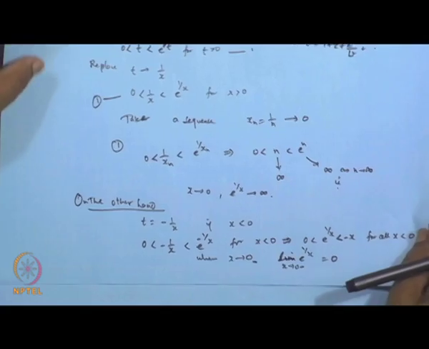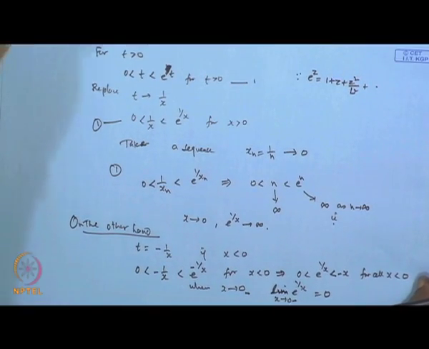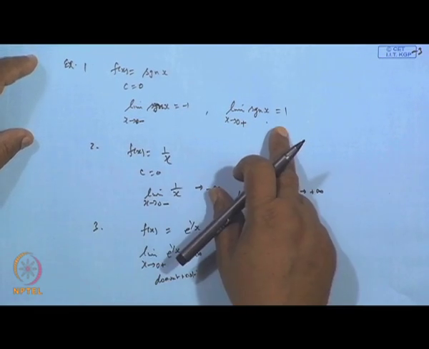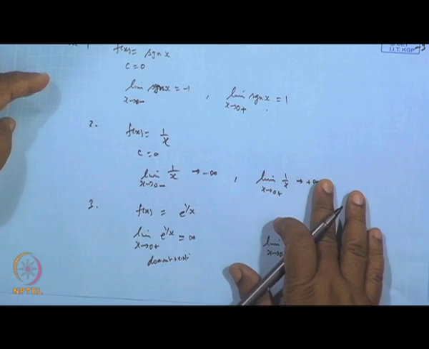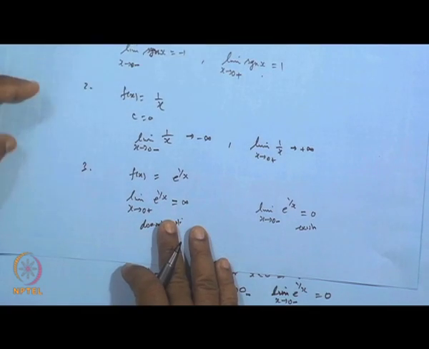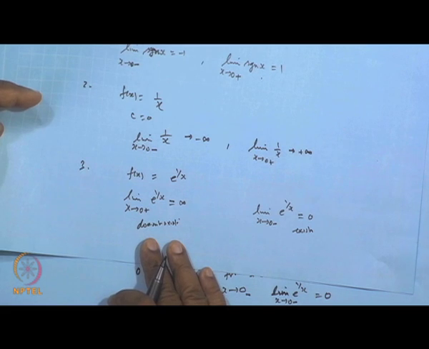So, we have seen 3 examples. One is when the left hand limit and right hand limit both exist, but they are different. Second, when neither the left hand limit nor the right hand limit exists, it comes out to be infinity or minus infinity. While in the third case, only the left hand limit exists, the right hand limit does not exist.